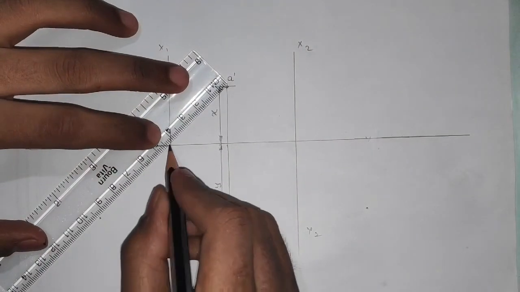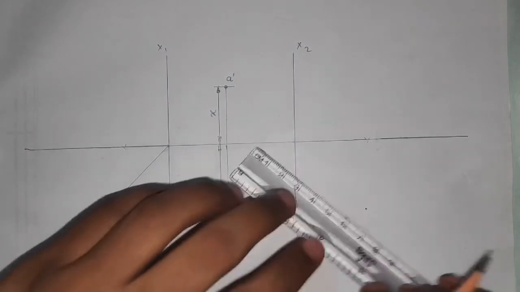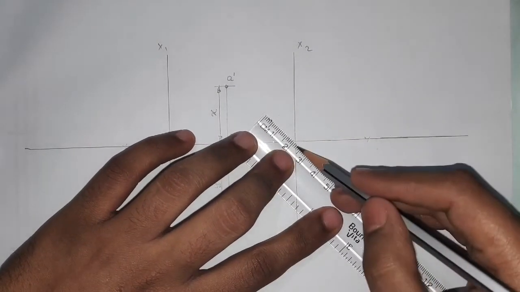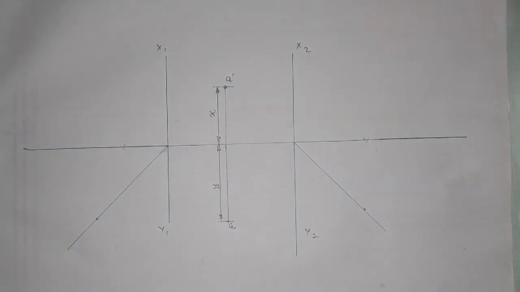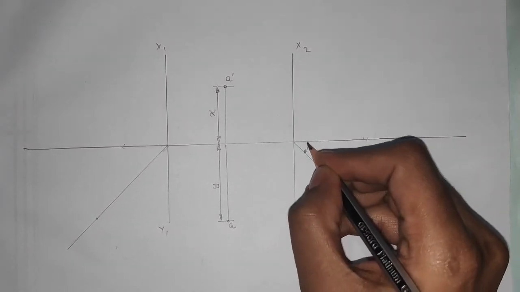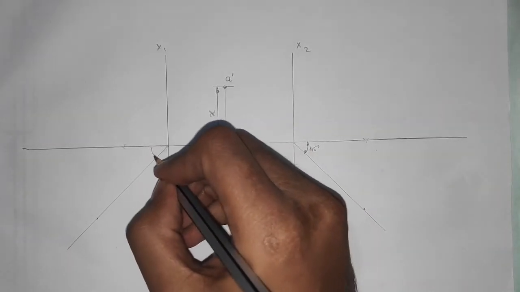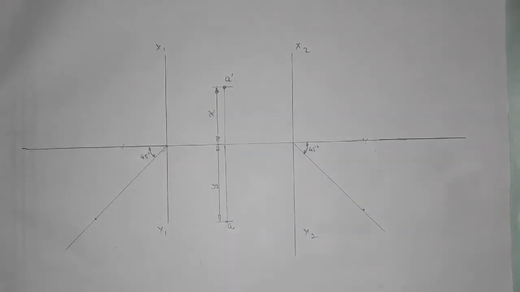From this intersection I'll draw the 45 degree line. Again, this should be a thin line, and it is a construction line. Here also I'll draw this 45 degree line. Once these 45 degree lines are drawn, I'll dimension them, stating that they are 45 degrees. So here I dimension both as 45 degrees.